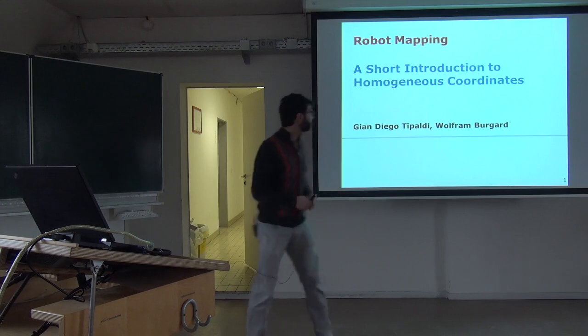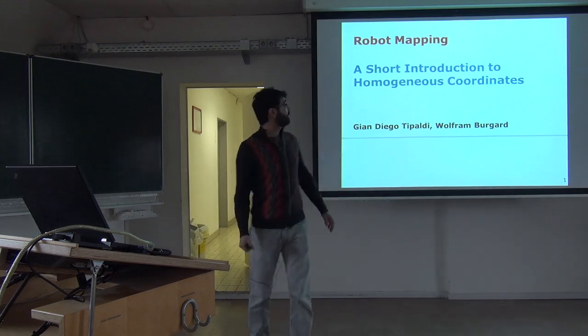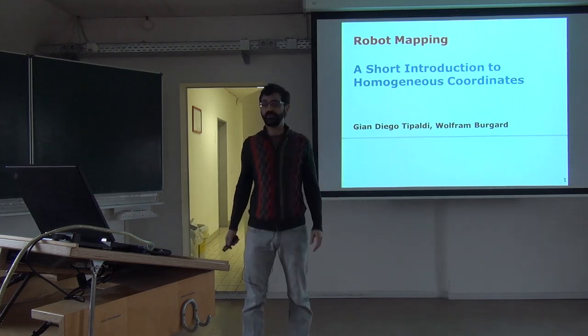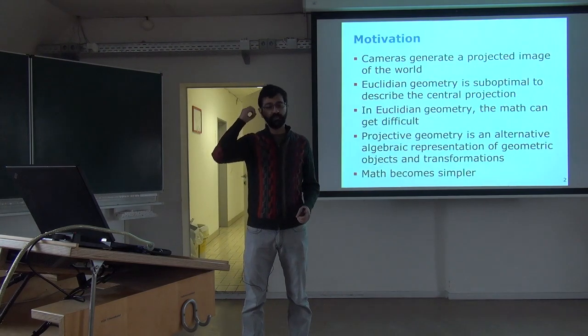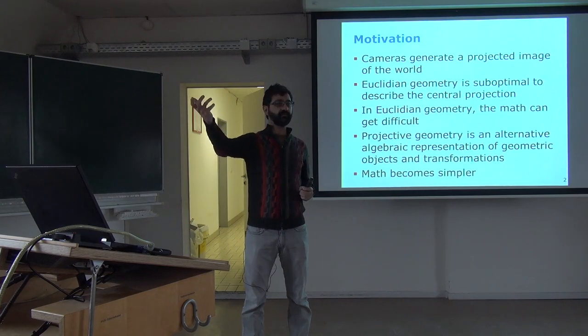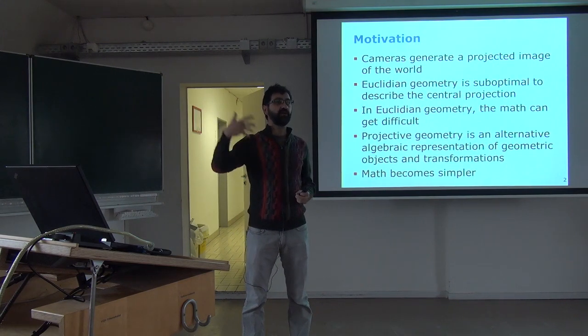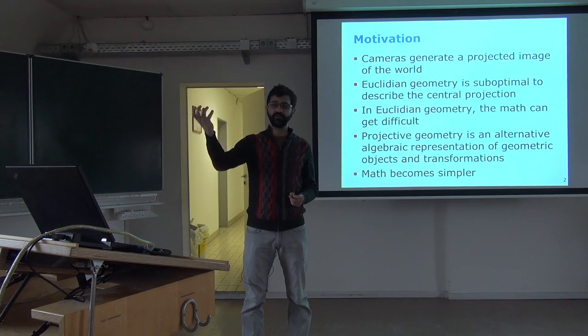Okay, so regarding the topic of today, we're going to talk about these homogeneous coordinates, as I said, and the whole idea is that we are now dealing with a point in a certain space, and we need to find a way to mathematically modify, transform, and work with these objects, okay?